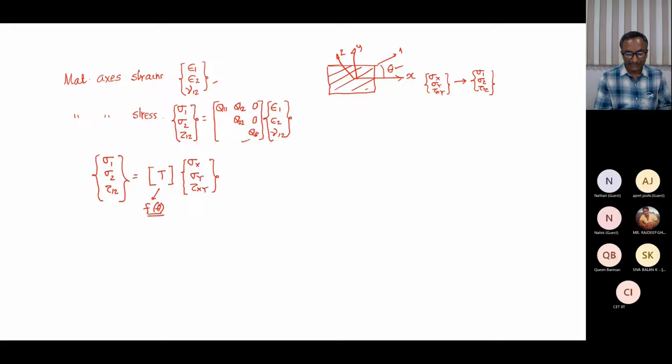How? Just multiply by the transformation matrix. For that, I must know T, which is a function of theta: sine square theta, cos square theta, twice sine theta cos theta, like that. But you don't have to remember that. This will be given if required. I suppose I could answer your question.